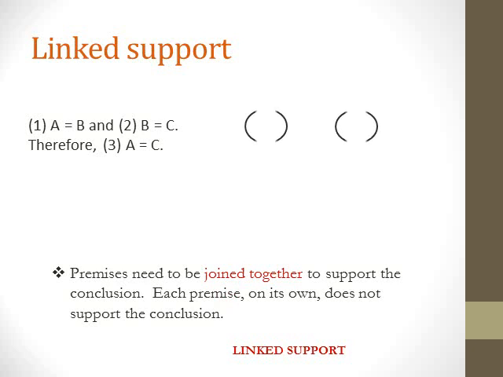So going to the diagram, here we have the 2 premises that support the conclusion, 1 and 2. You'll probably figure this out already, but in order to show that we need both 1 and 2 in order to get 3, we are going to add a plus sign and then a bracket to show that these 2 need to be together in order to arrive at 3.